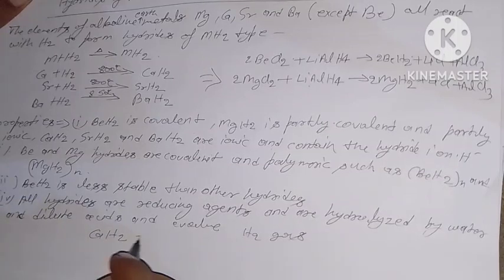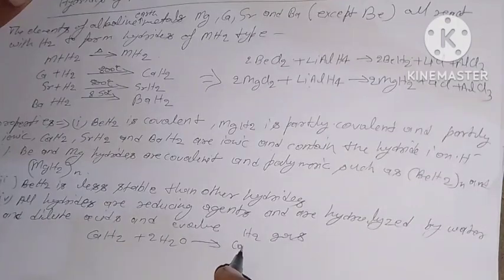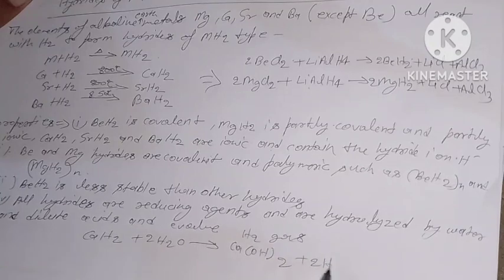Calcium hydride plus 2H2O gives calcium hydroxide plus hydrogen gas.